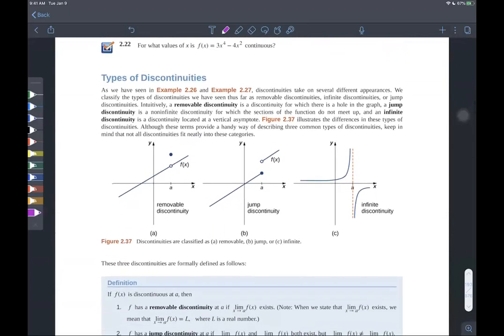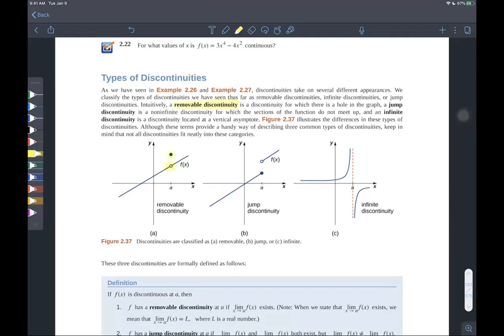Types of discontinuities. So as we have seen in example 2.26 and example 2.27, discontinuities take on several different appearances. We classify the types of discontinuities we have seen thus far as removable discontinuities, infinite discontinuities, or jump discontinuities. So intuitively, a removable discontinuity is a discontinuity for which there is a hole in the graph.